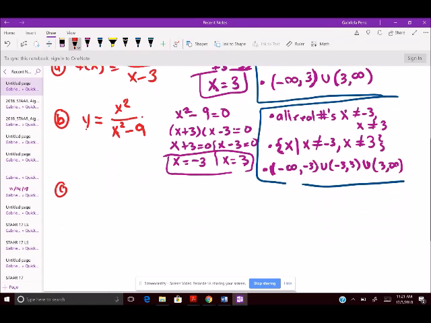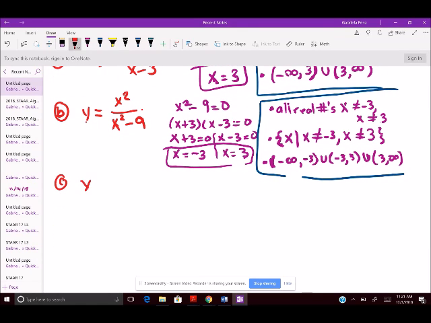Okay, for problem C, the last one from this section, y equals x². Just kidding. X plus 3 over x² plus 9. So in this one, I take my x² plus 9, set it equal to 0. Can I factor this out?